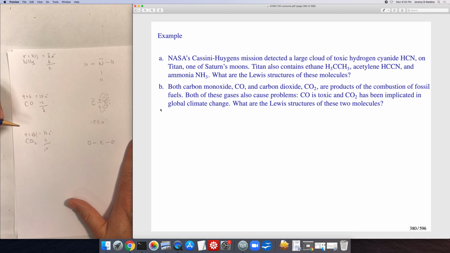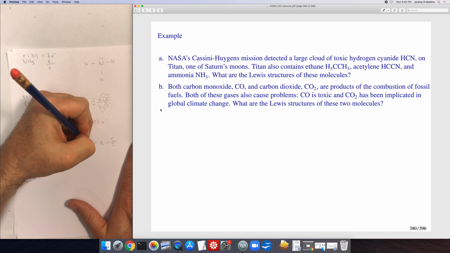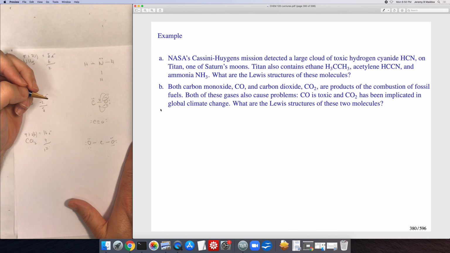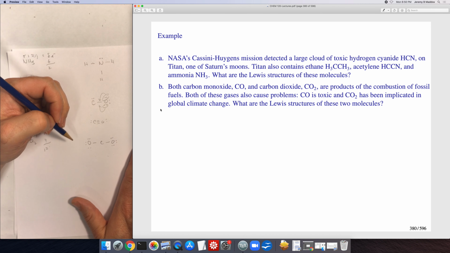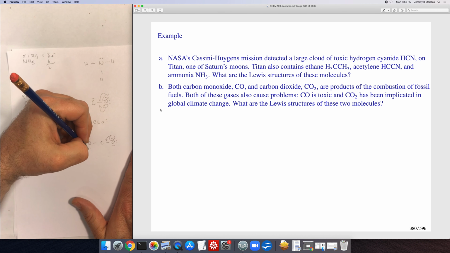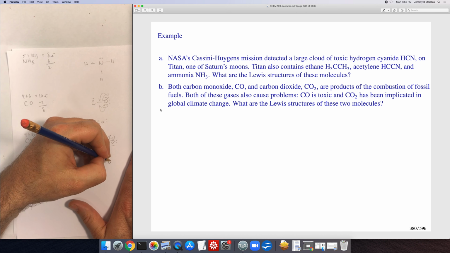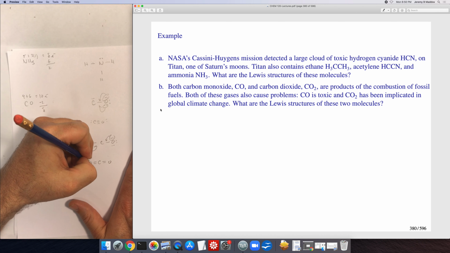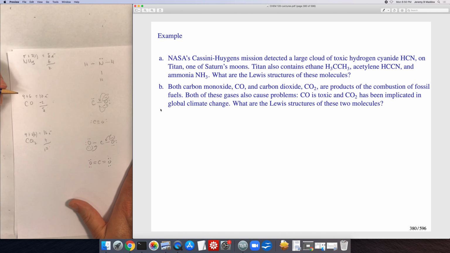We've got 12 more that we want to fill in. 1, 2, 3, 4, 5, 6, 7, 8, 9, 10, 11, 12. Oxygens look happy, but the carbon needs 8 electrons. It's only got 4. So we're going to take 2 there and 2 from here. We're going to make some double bonds. Now everybody's got an octet.